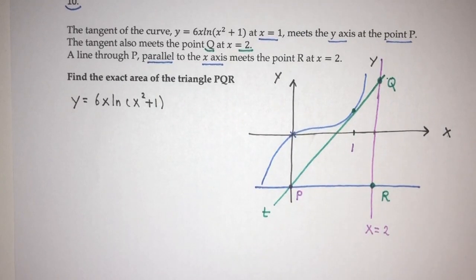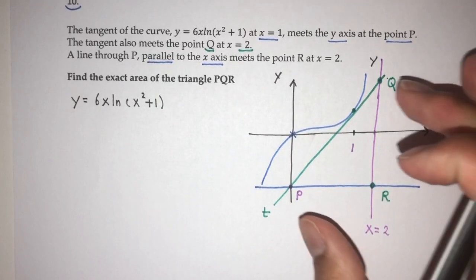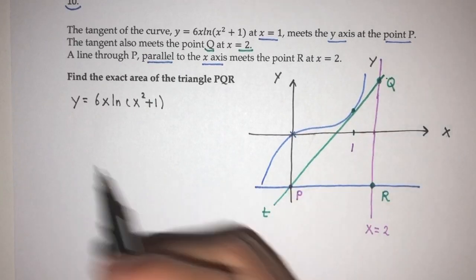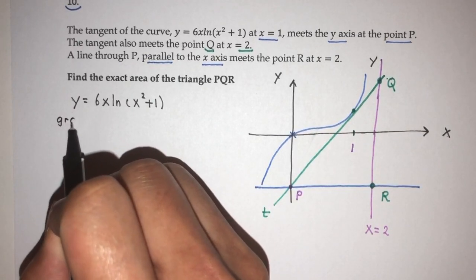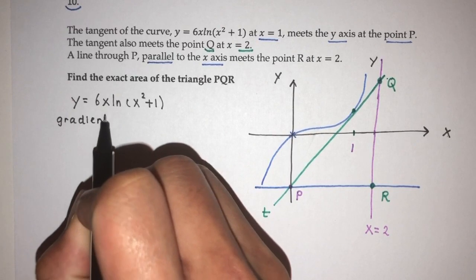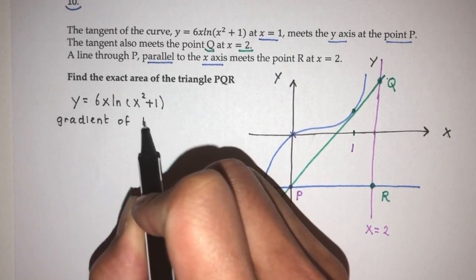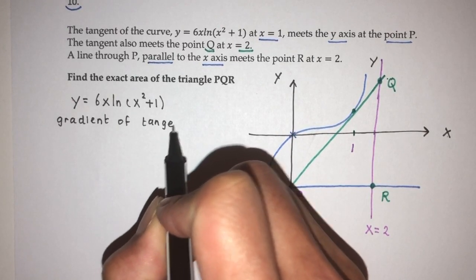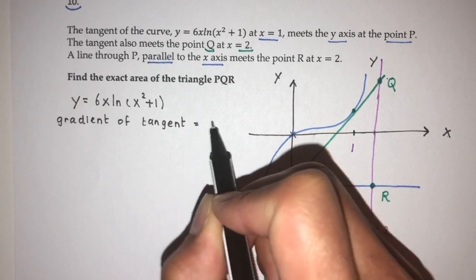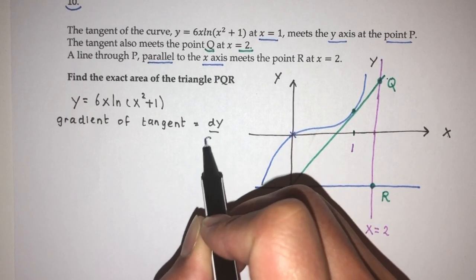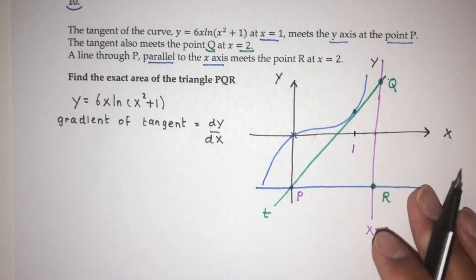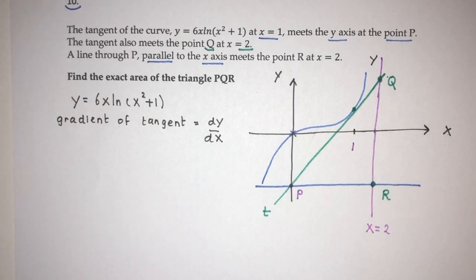Now, to find the equation of the tangent, and we know the tangent is a straight line, we have to find the gradient of the tangent. That's the first step. The gradient of the tangent is equal to dy by dx, so we first have to find dy by dx.